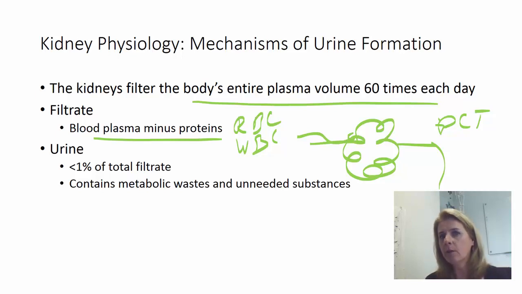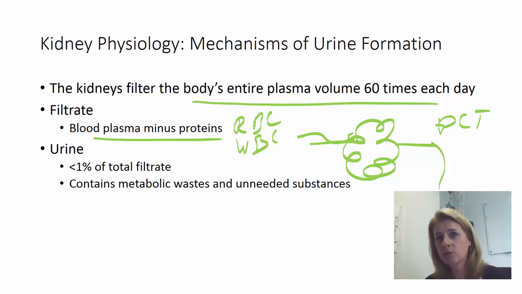So you don't want to get rid of all of that. If your plasma is going to be filtered 60 times a day, and all of that went into your ureters, into your bladder, and out through your urethra, you would dry up like a prune. So we know the kidneys must do something to get most of that back. Even though we're forcing all of the liquidy part of the blood into the kidneys, we have to resorb a lot of that, otherwise we would dry up and blow away.